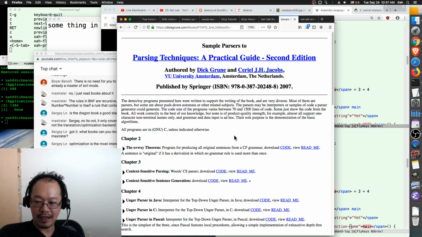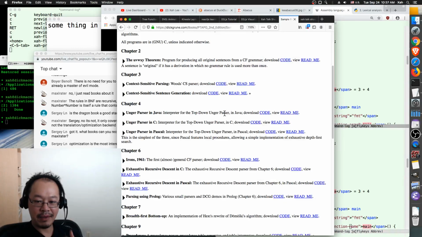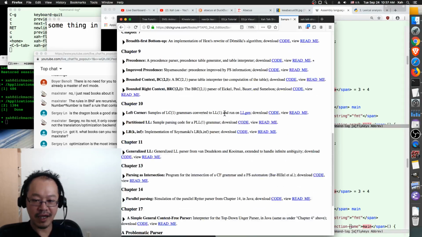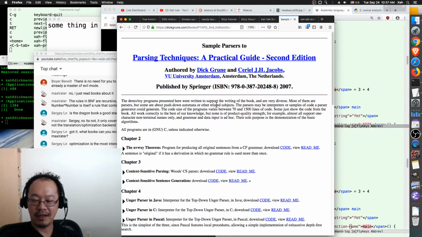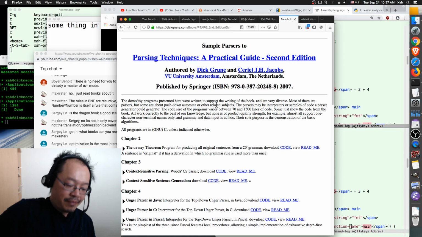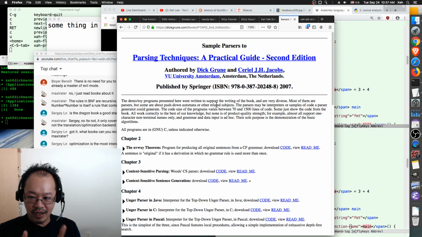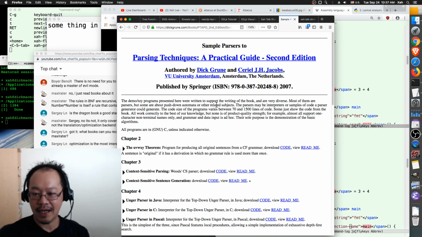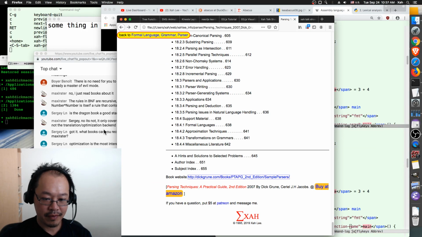This book I highly recommend. It's long though. The entire book is about parsing, so it's very, very technical and kind of boring. But if that's the topic you want to know, this is the book.